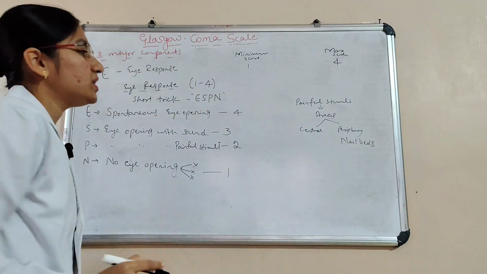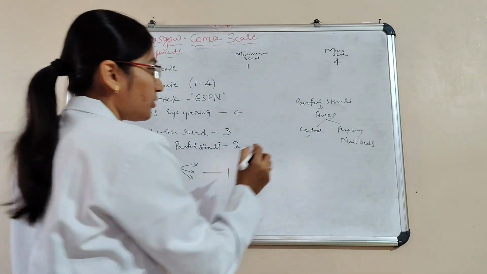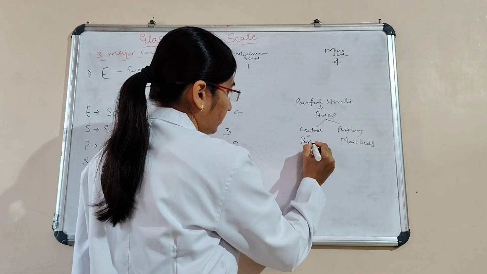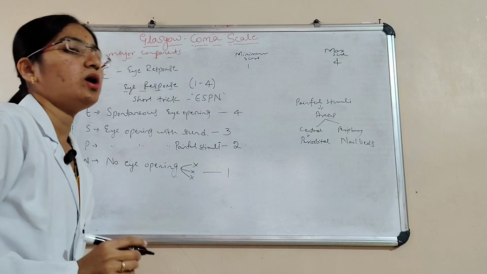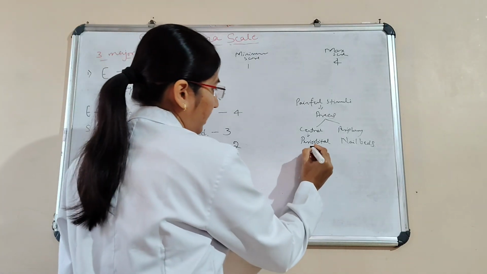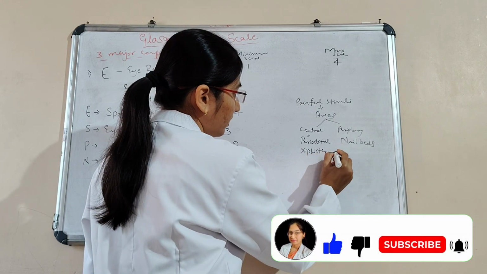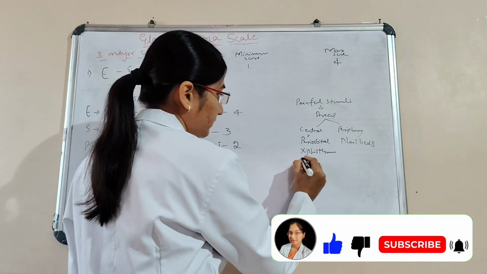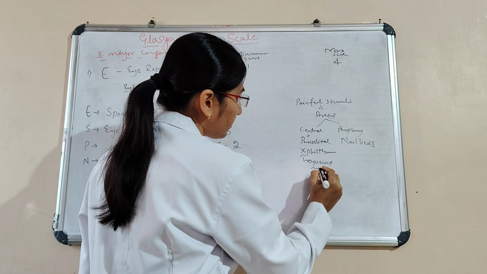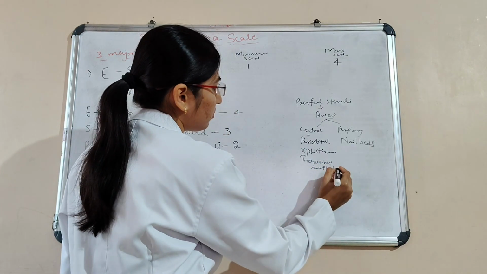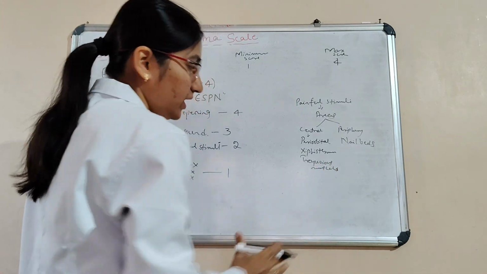And then in the central, the first one is periorbital, to check the eye response, and then after that the xiphisternum, and then the trapezius muscles. The trapezius muscles we can see along with the clavicle bones. These are the painful stimuli areas.